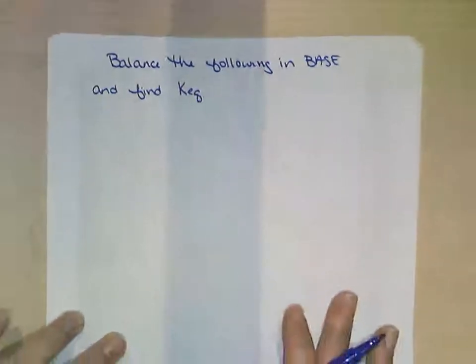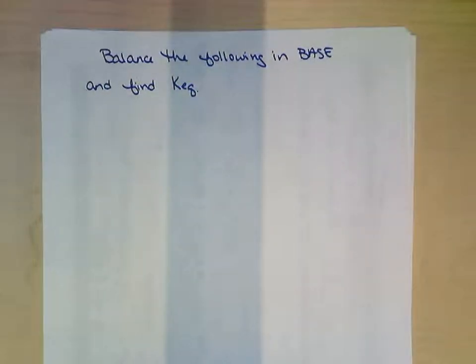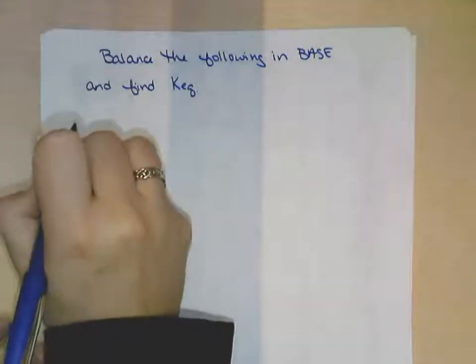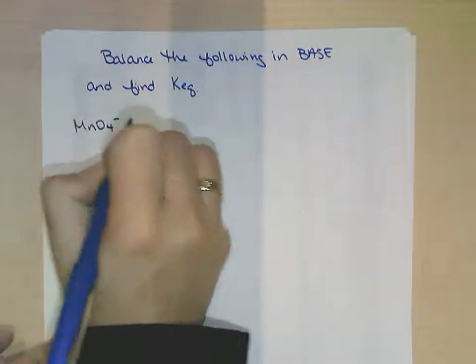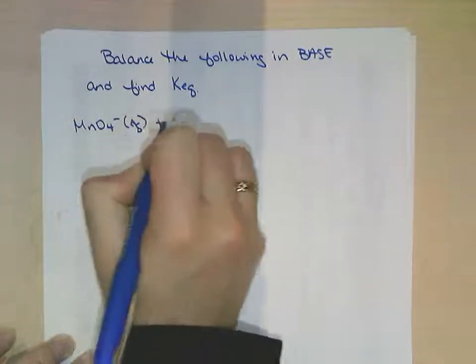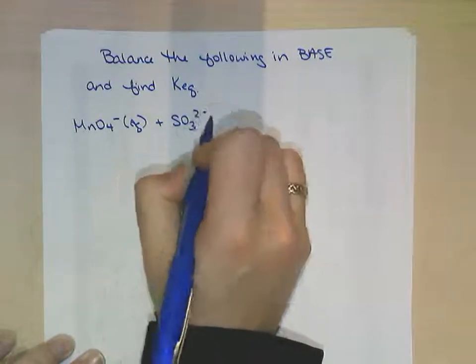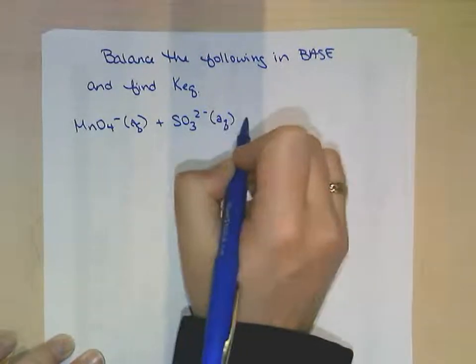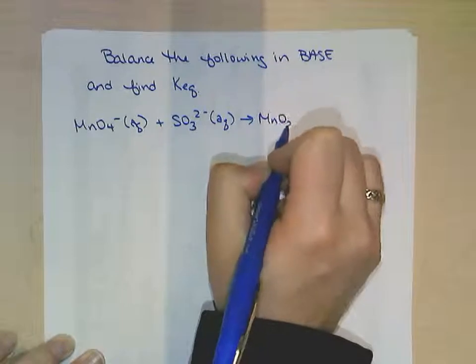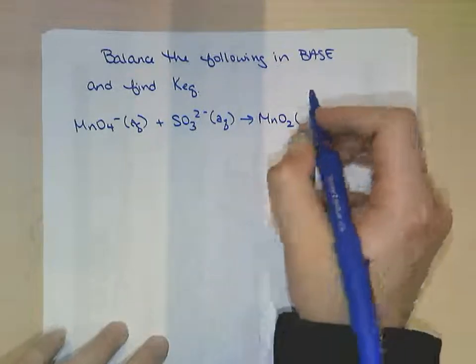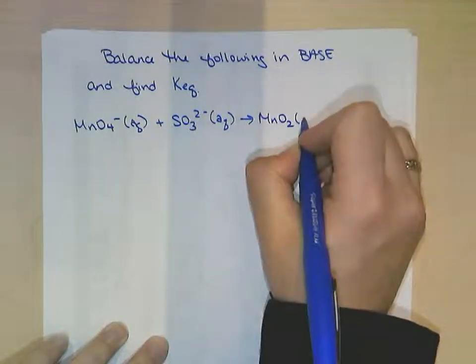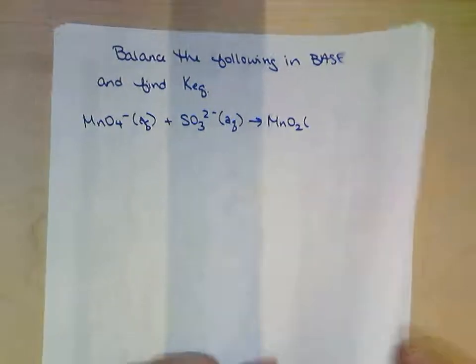All right, so we'll balance the following in base, and in the end, I want the Keq of it. Here is my reaction. I think that's supposed to be the gas.